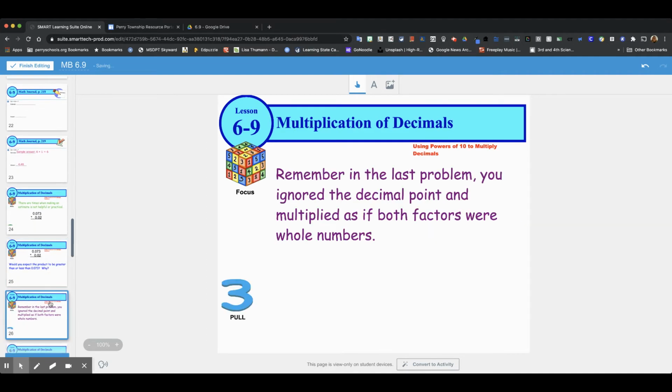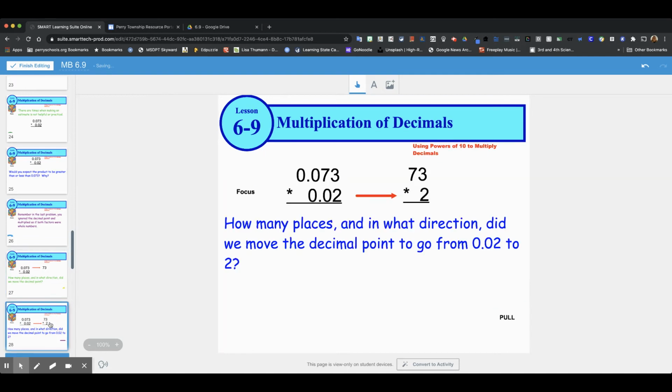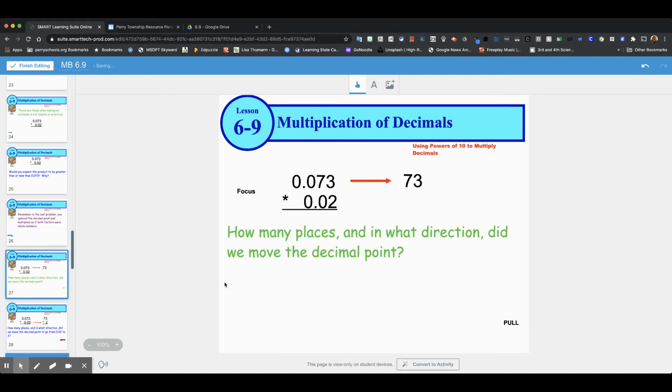Remember that in the last problem, we ignored the decimal and multiplied as if both factors were whole numbers. So here, I would multiply 73 times 2. So I want you to think about in both of these, how many places and in what direction did we move the decimal point? So for here, we moved the decimal point 1, 2, 3 places.